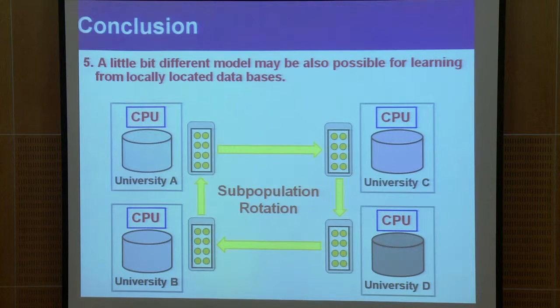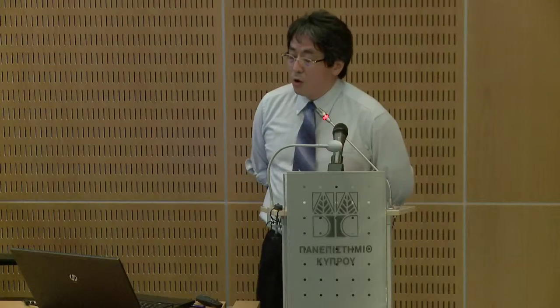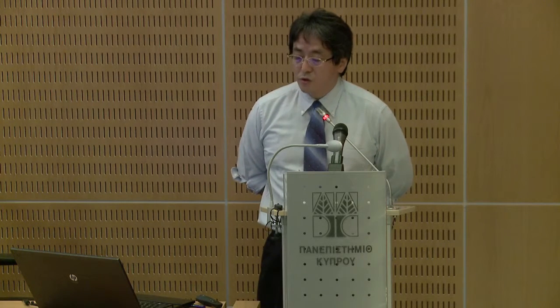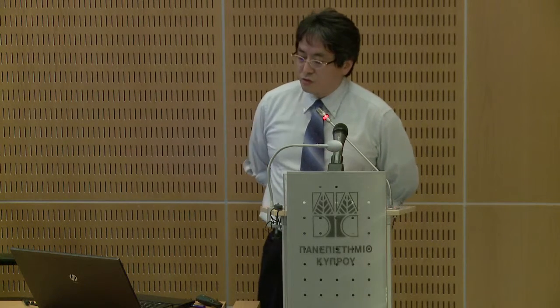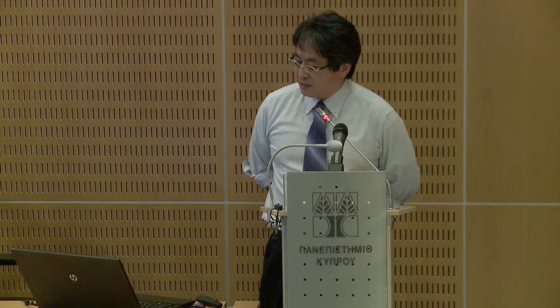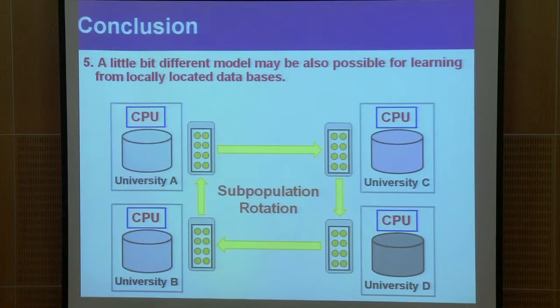A slightly different model may also be possible for learning from locally located data subsets. In this model, data sets are rotated. However, if the data sets are locally fixed, for example, several universities have their own databases and they don't want to show those databases, we may be able to just ask to use those data for fitness evaluation.